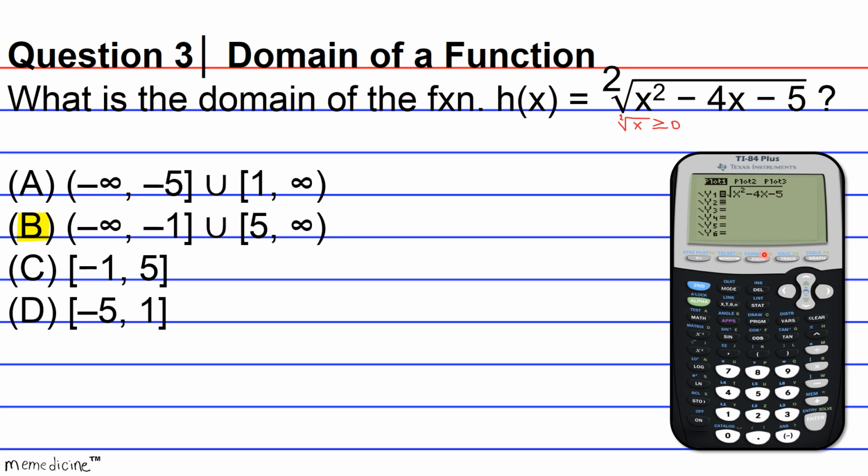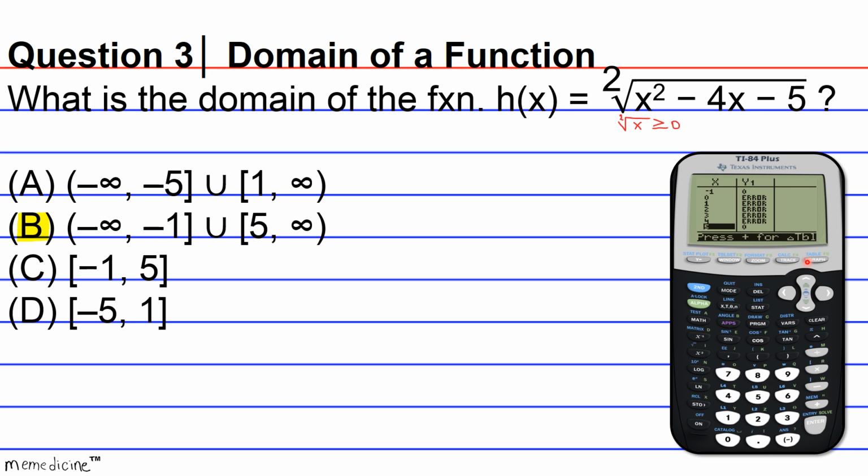And then before heading to the graph visualization feature, if you were to open up the table, you would see that you get various ordered pairs. And at -1, you get a value of 0, which we know is true because we determined that -1 was a 0.